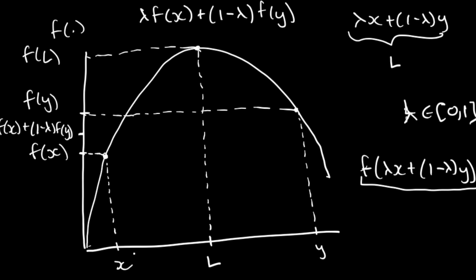Again, the first one was in between the 2 points, and now the second one's in between the 2 functions, because remember when we take a linear combination with lambda being contained within 0 and 1, it always ends up between our 2 points that we're looking at.